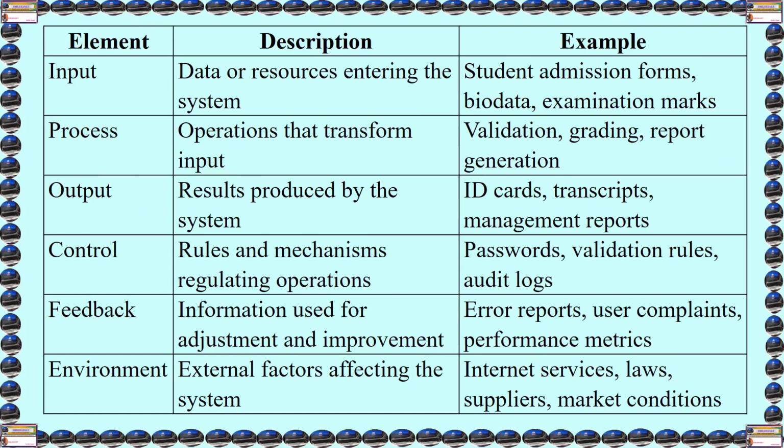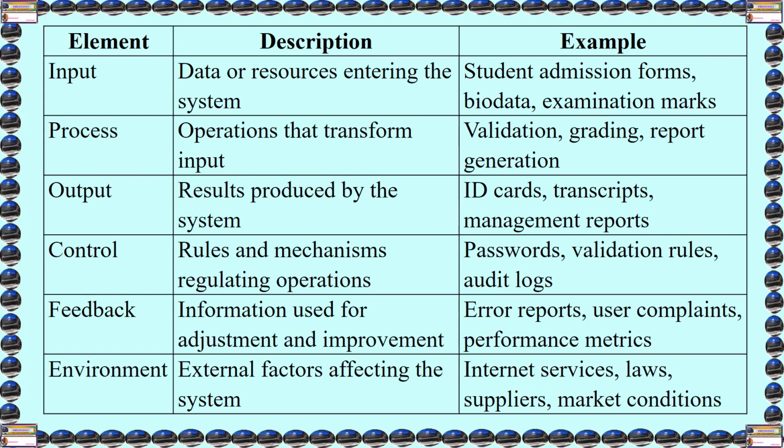So we have the input. This is the data or resources entering the system. An example for our system is student admission forms, biodata, and examination marks. We have the process, that is operations that transform input. They include validation, grading, and report generation.